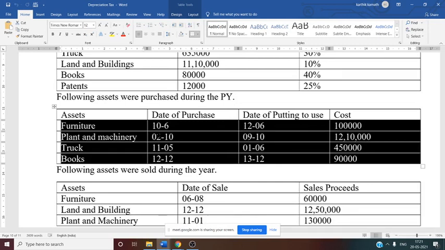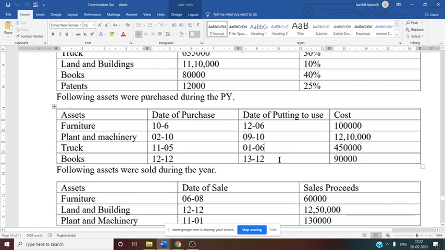Plant and machinery, purchased in October. Is it less than 180 days? Yes, sir. Why? If you calculate October, November, December, January, February, March, but in October 8 days is not there.